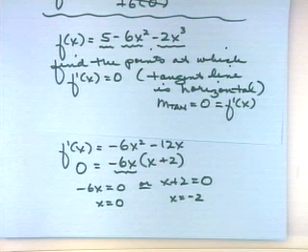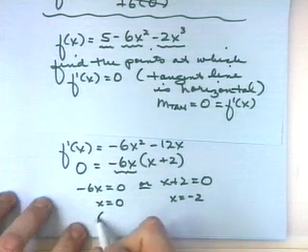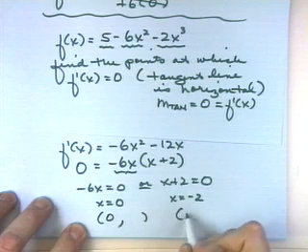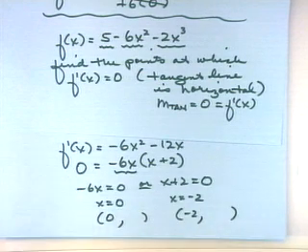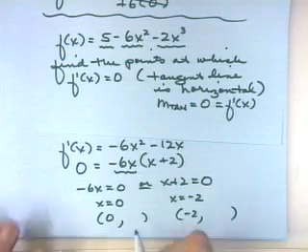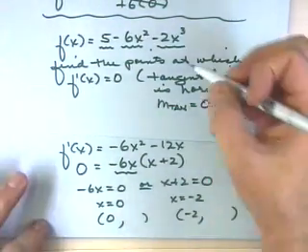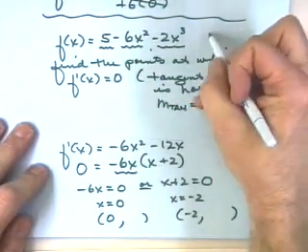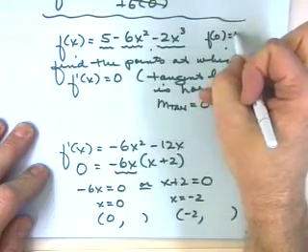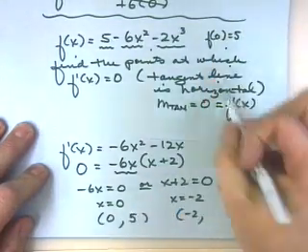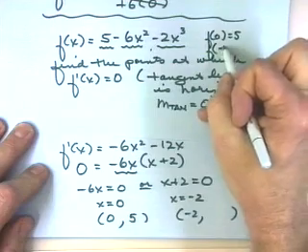Now if I wanted to plot those points, 0 something and negative 2 something, to plot points, don't you go back to the original function, right? That's the relationship between x and y is the original function. So I would want the f of 0. What's the f of 0? This may not be quite as easy here.